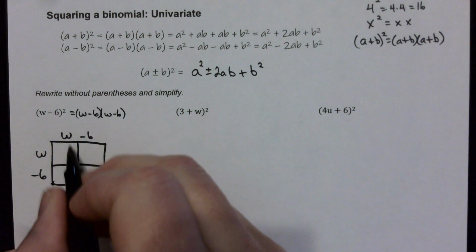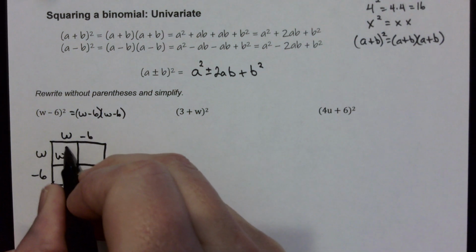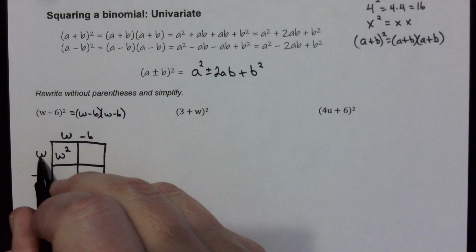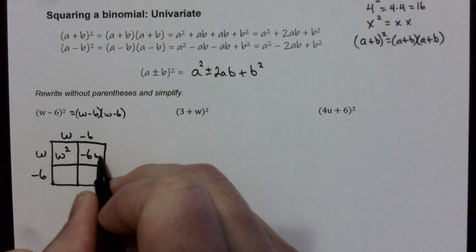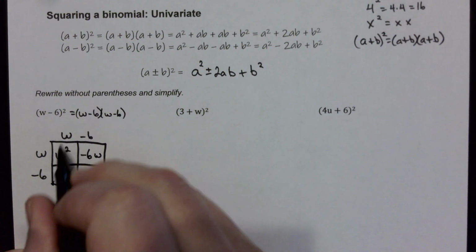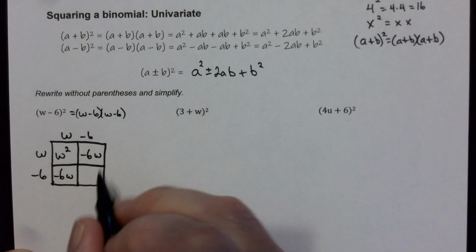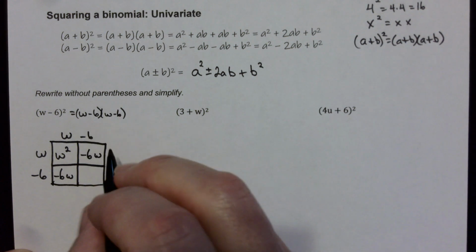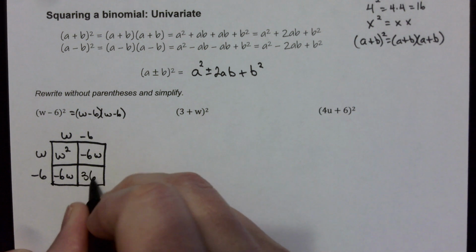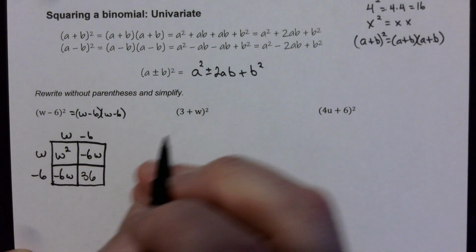To fill up this box, w times w is w squared. This one, w times negative 6 is negative 6w. This one, negative 6 times w is negative 6w again. And finally, negative 6 times negative 6 is positive 36, because a negative times a negative is a positive.